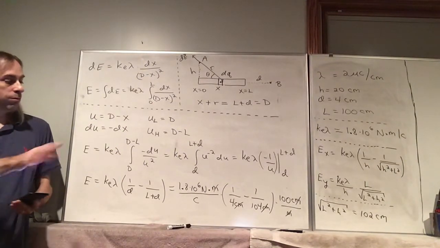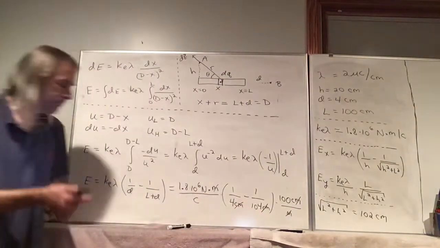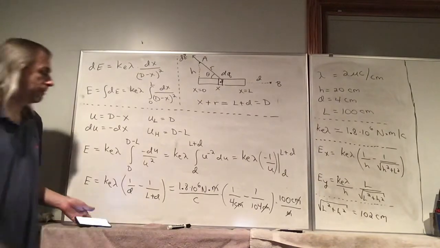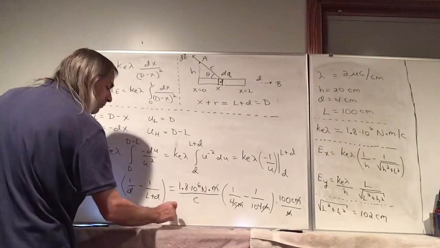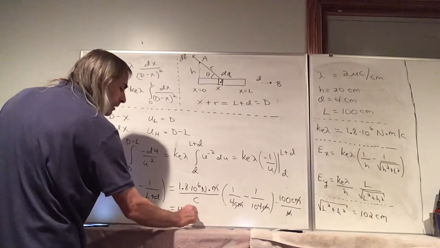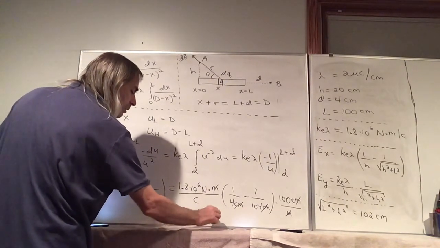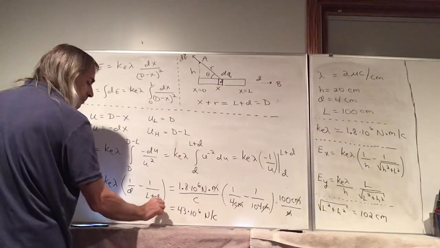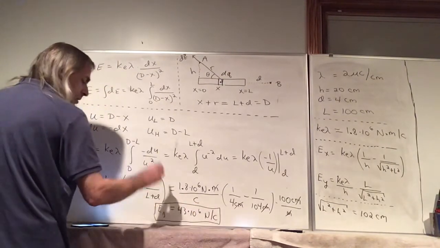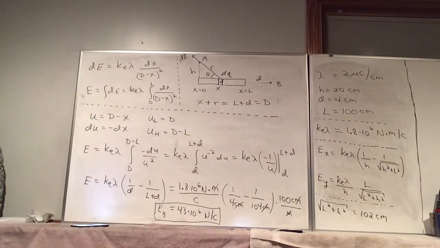So that whole thing here is 24, and then times 1.8. So what I'm getting is 43 times 10 to the 6 newtons per coulomb. That would be the electric field at point B.